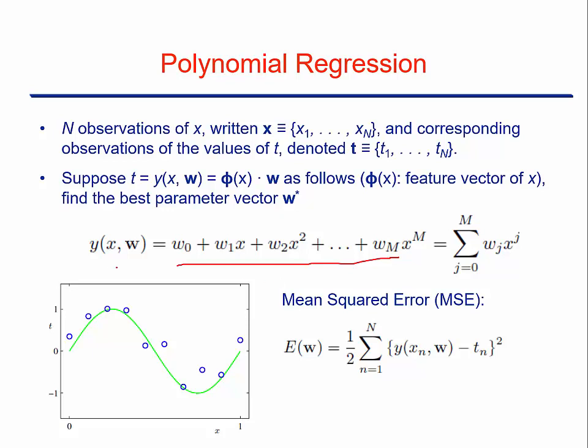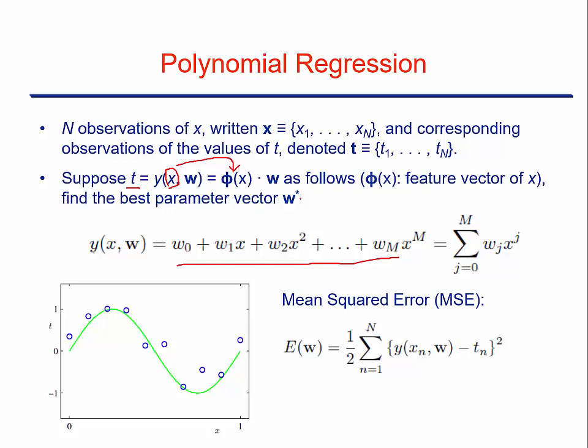And to formalize this equation, we will suppose that the target value t is a function of x and the corresponding weight vector w. And based on x, we will define a feature vector phi(x). This is also called the basis function in some literature, especially in statistical machine learning.